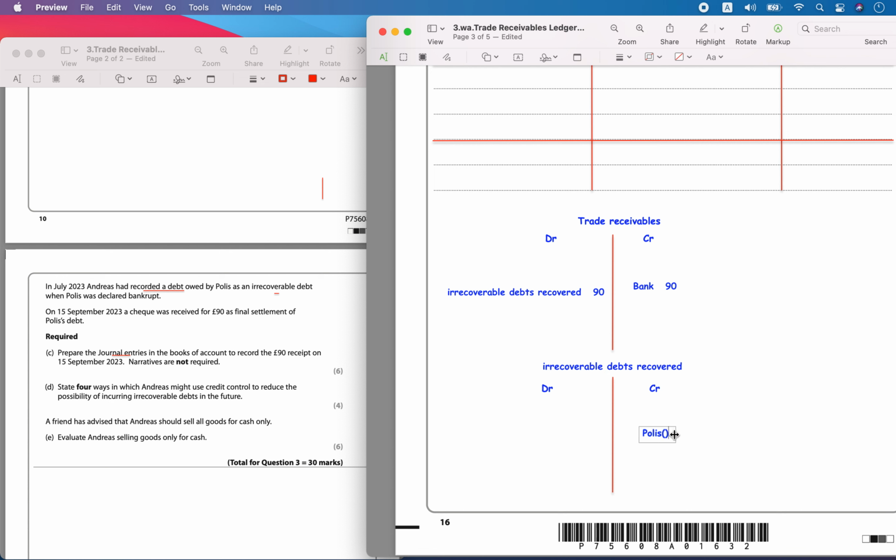Polis is nothing but the trade receivables account of Polis. It's going to be transferred to this account. The value is 90, and then this is going to be transferred to the income statement.